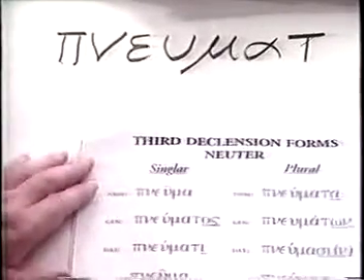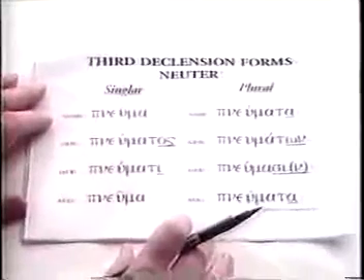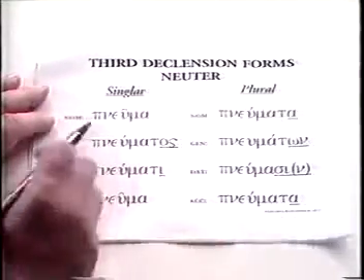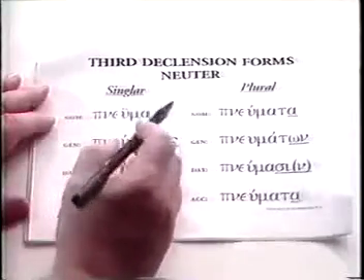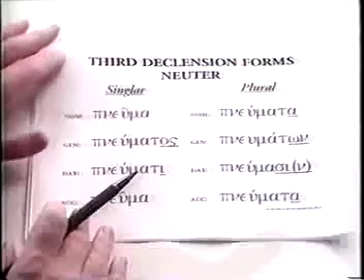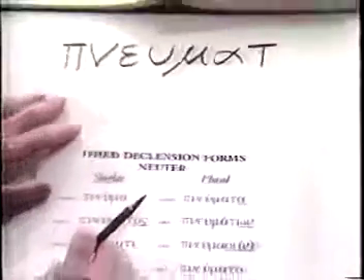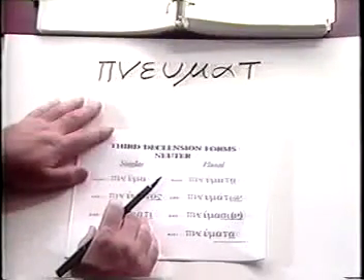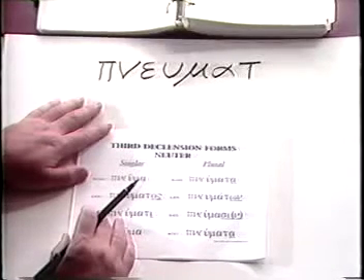Now, in the third declension, your singular nominative ending is either a sigma or it's nothing. Well, do you see a sigma on the end of this nominative form pneuma? I sure hope not. And if we don't add a sigma to this stem right here, something is going to happen. In Greek, there are only certain letters which can stand at the end of a word.